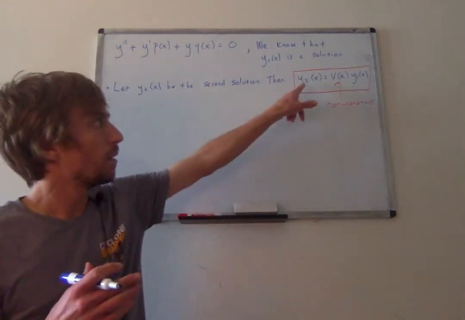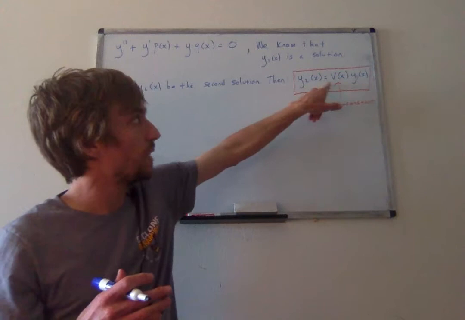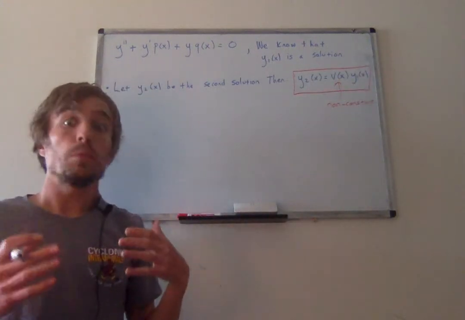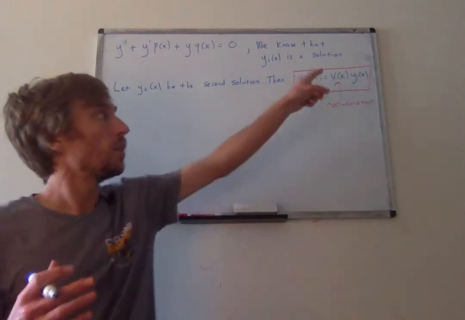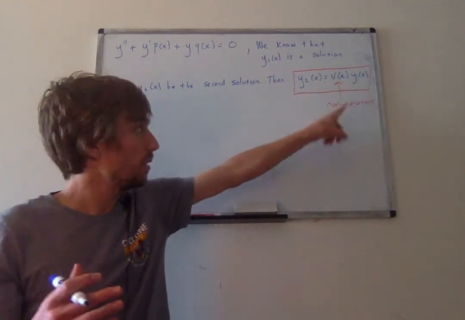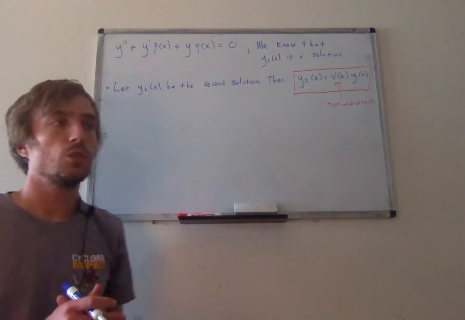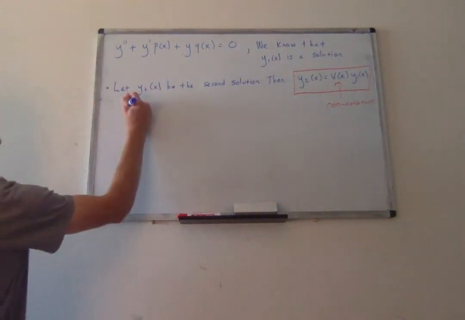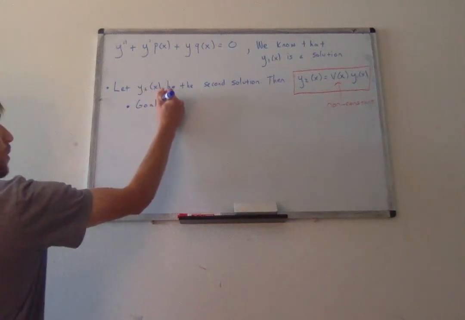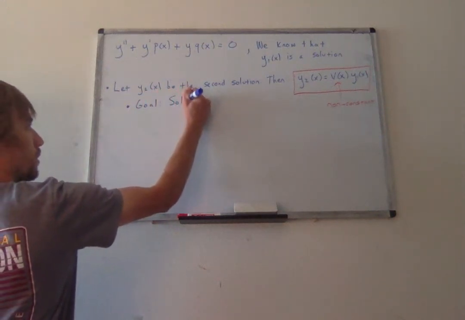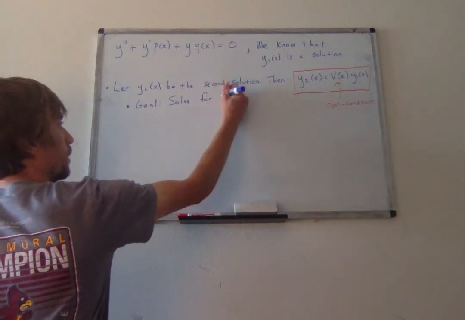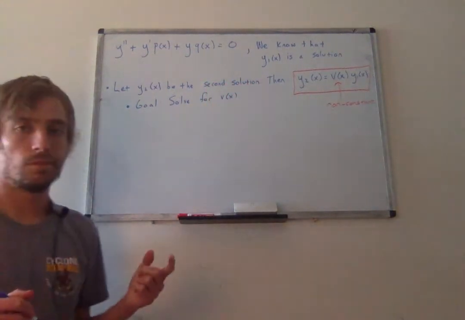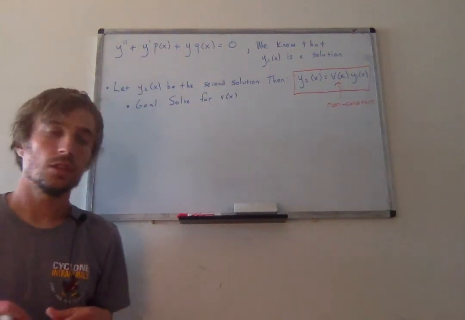Like, there exists some v of x such that y2 of x is equal to v times y1. But because they're linearly independent, we know that this is not constant, that this contains x terms in it, so to speak. And so our goal is to actually, instead of solving for y2 directly, given that we know y1, solve for v, which will then tell us what y2 is.